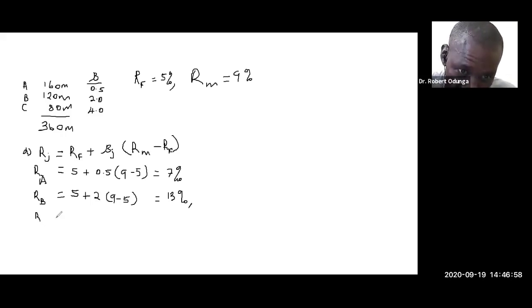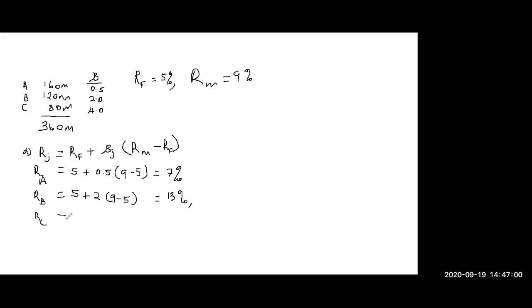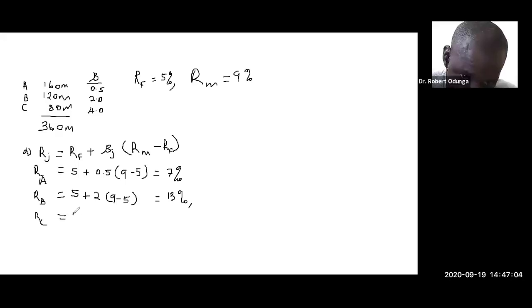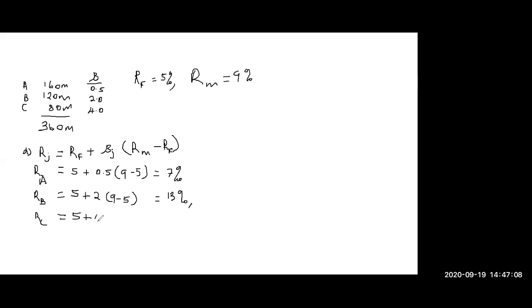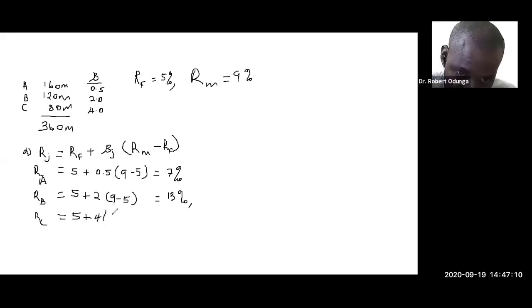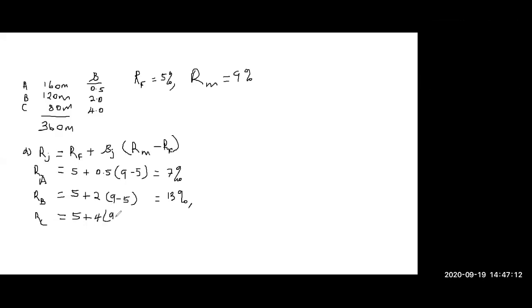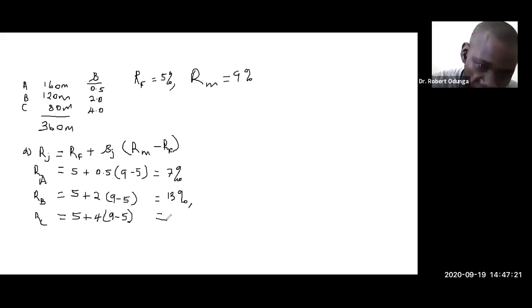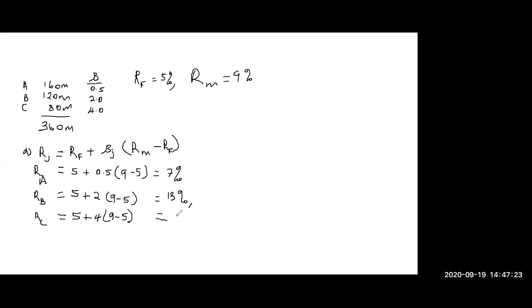How about RC, the return of project C? It is 5 plus 4 into 9 minus 5. So that is 4 times 4 is 16, plus 5 is 21. 21%.